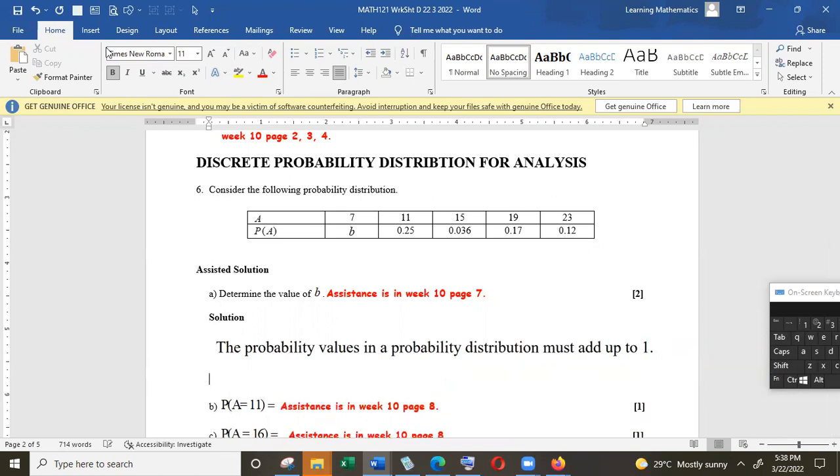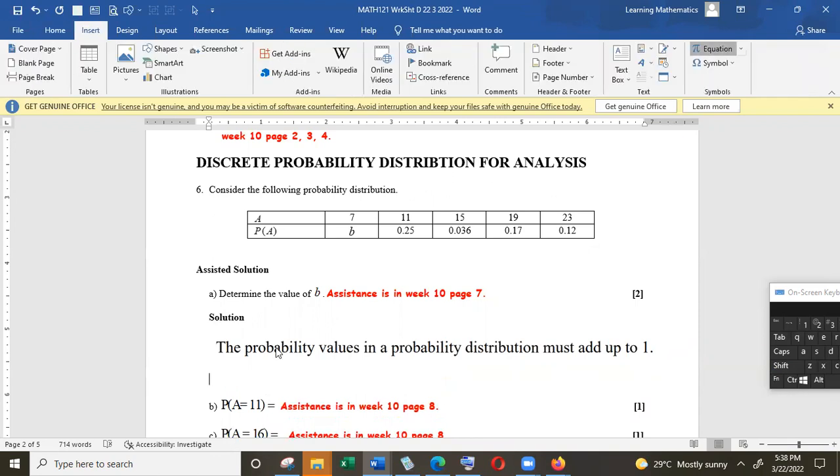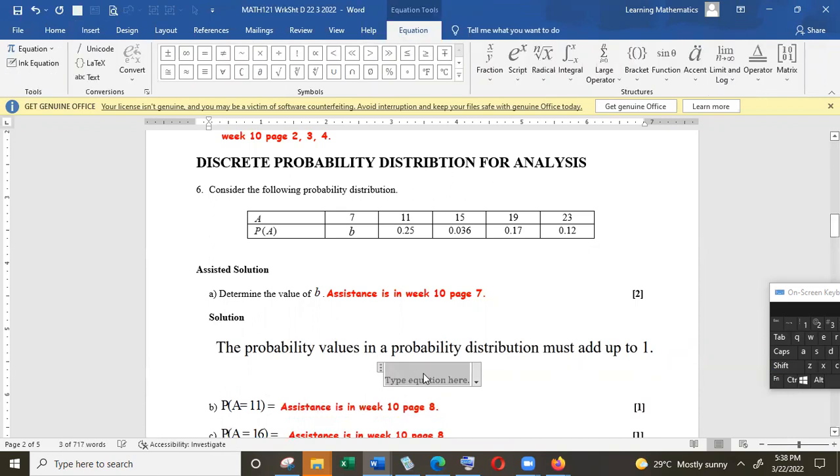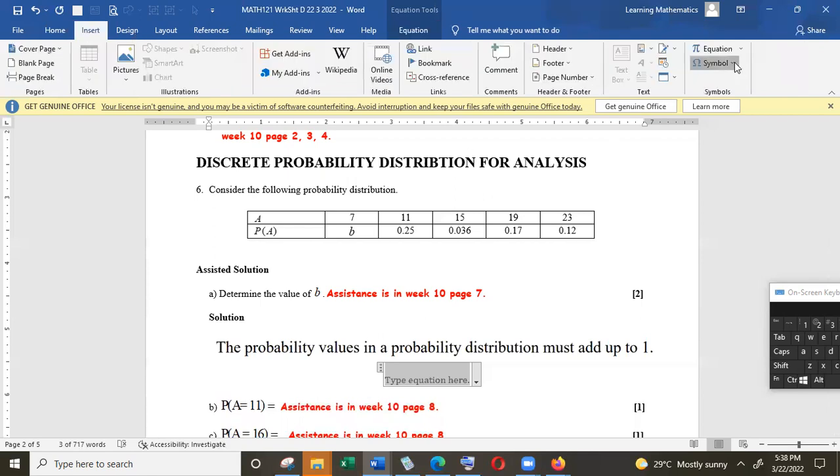Symbolically, these are words. The probability values in a probability distribution must add up to 1. Symbolically, this is written as the sum of the probability values must equal 1. The sum of the probability values must add up to 1.